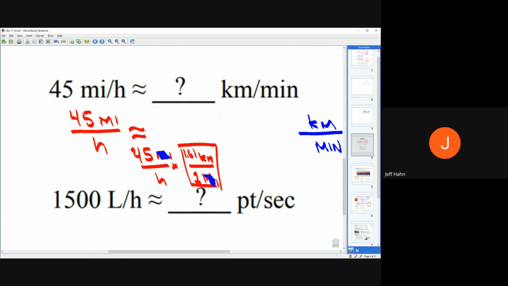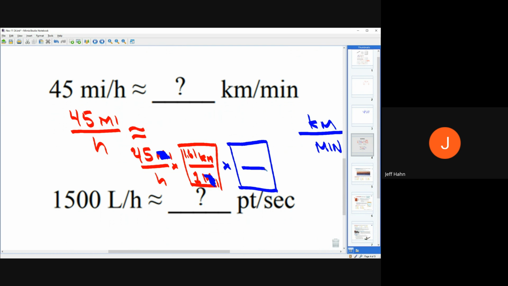Here's the magic of math. I need a second conversion factor because I gotta get rid of this label now. I did half the job. I changed miles to kilometers, but I'm not gonna do that math just yet.